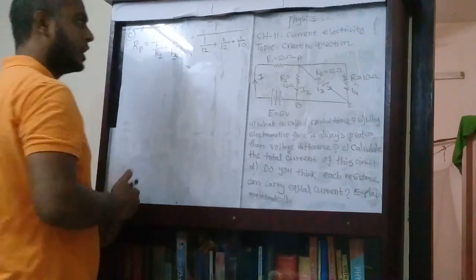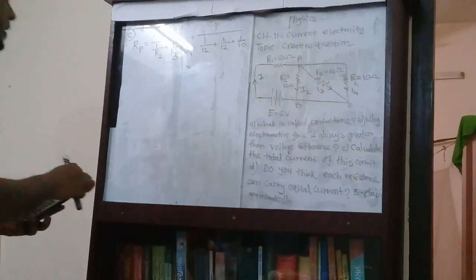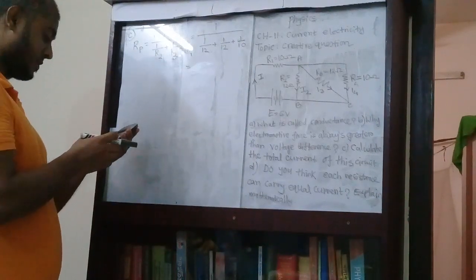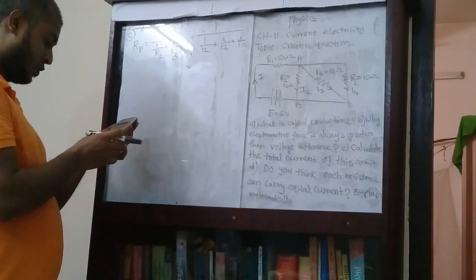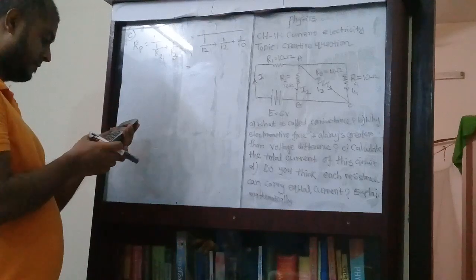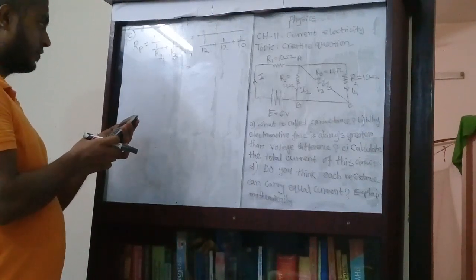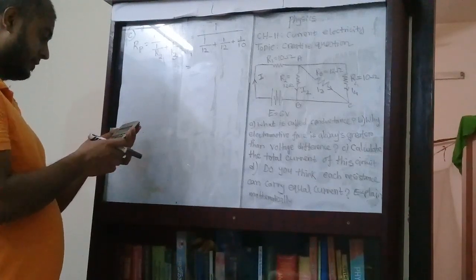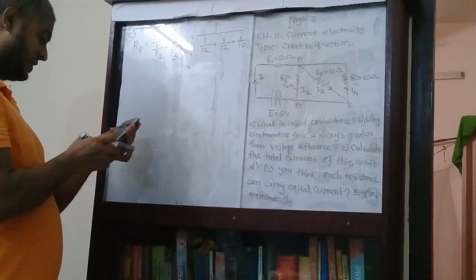After doing the calculation, you'll get the resultant resistance: 1/12 plus 1/12 plus 1/10.